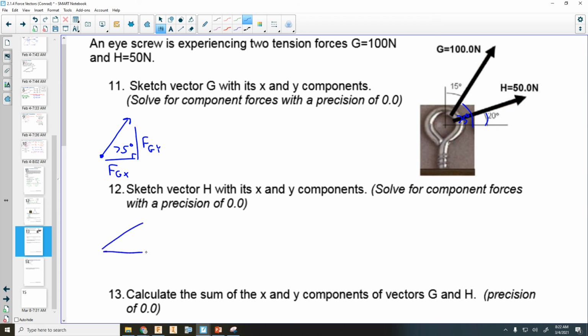Vector H is a little bit easier to visualize, but if you have vector H is 20 degrees, and you have multiple vectors, you can draw them separately. Force of H in the x direction, force of H in the y direction.